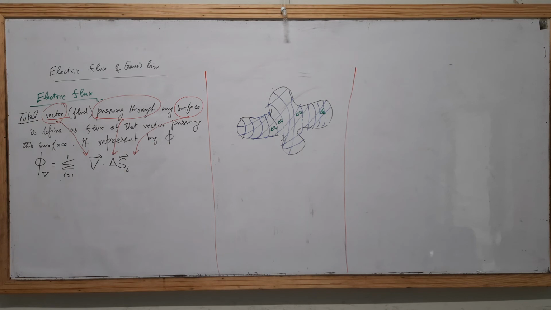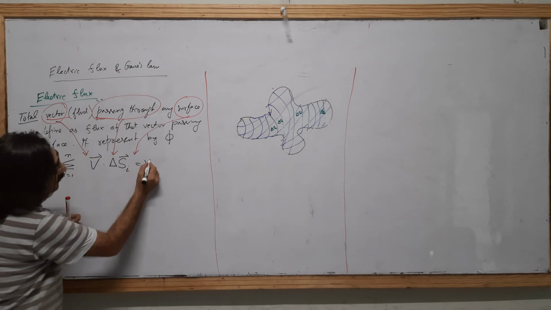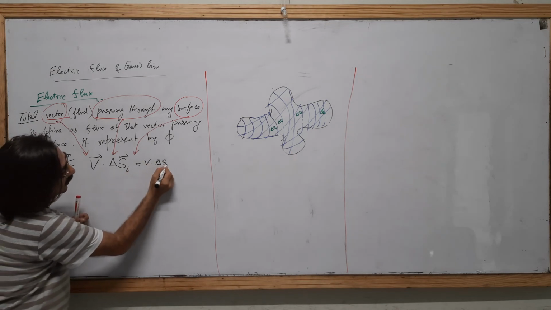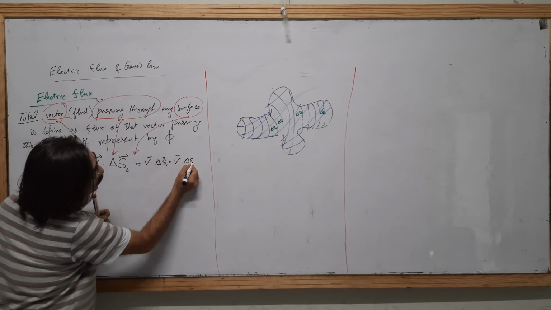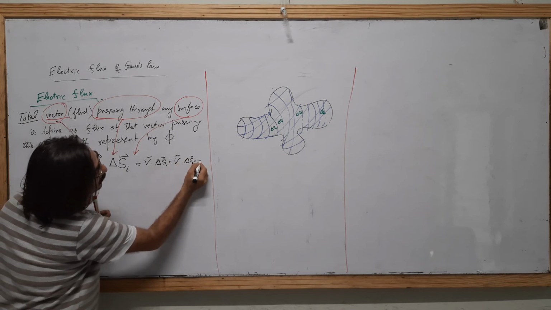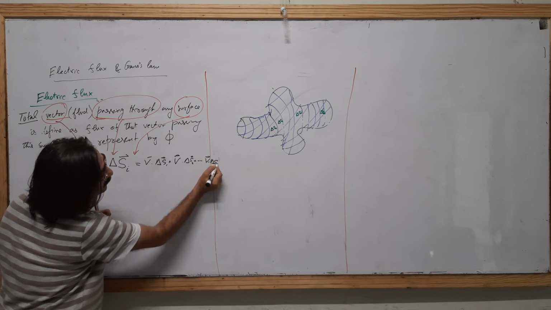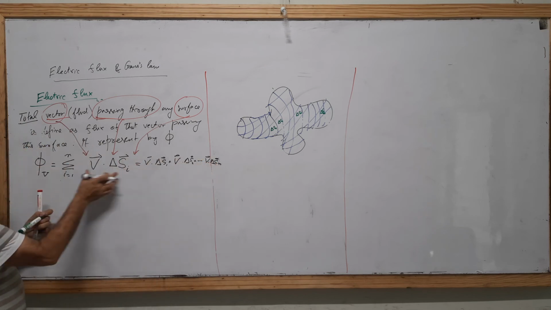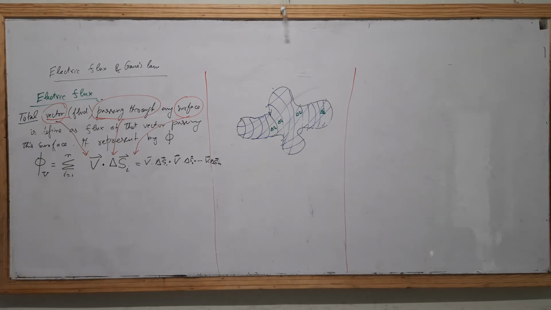But these patches are not parallel like a parallelogram. The summation, i equal to 1 to n, means V dot delta S1, V dot delta S2, and so on, V dot delta Sn. That is how we write it.